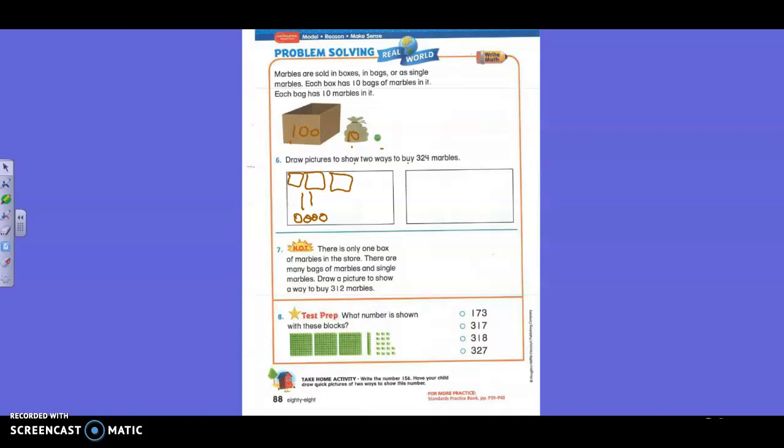So let's look at this. We can't do the same thing this time. We have to switch it up a little bit. They want a different way, okay? So you either want to take away 100s and make that 10 tens, or you can take away 10s and make more ones.